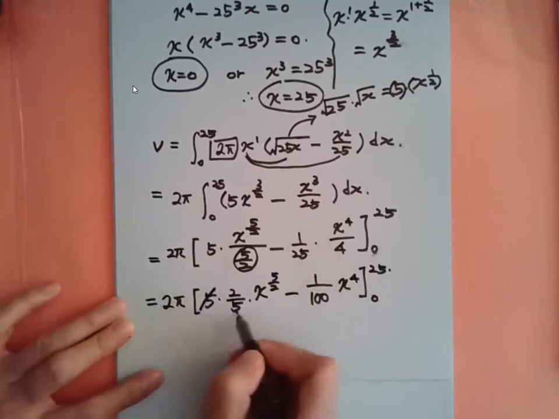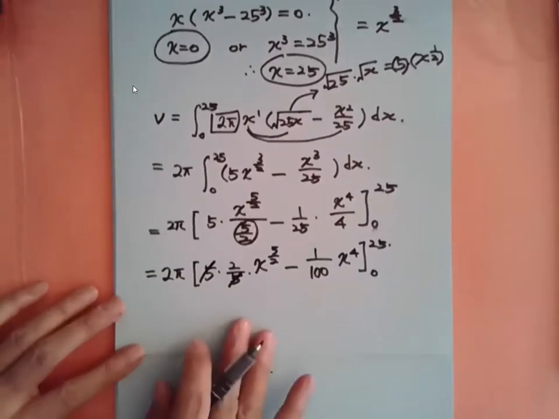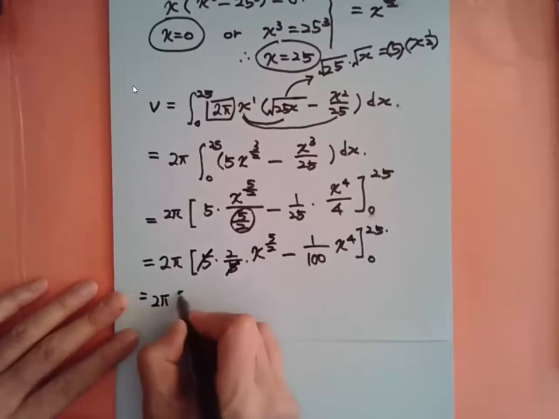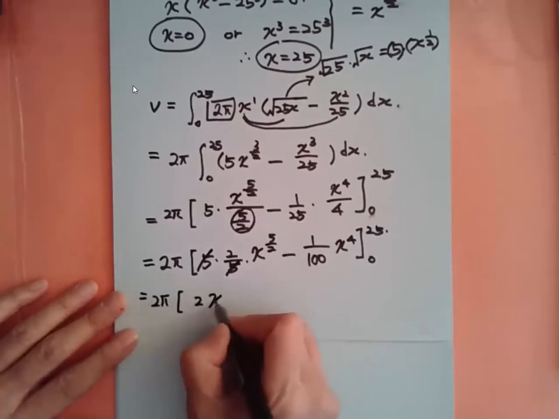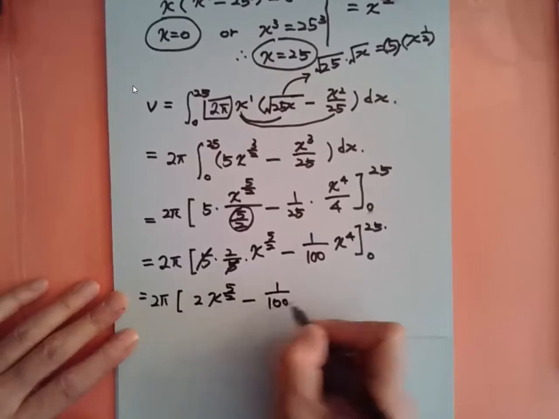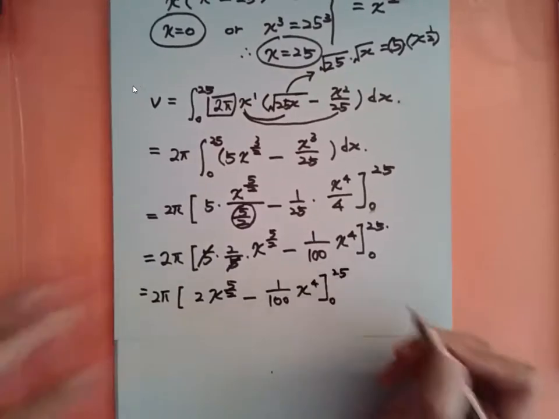So we cancel 5 out. Then we have 2 pi times 2 x to the 5 over 2 power minus 1 over 100 x to the 4th power, from 0 to 25.